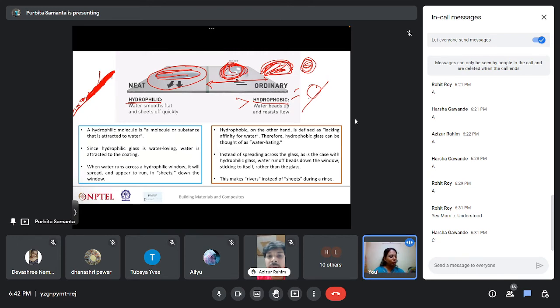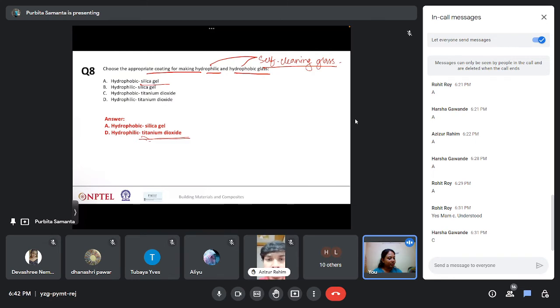When it rolls down, it takes the dirt and all those things with itself and cleans the glass. Instead of falling in sheets of water, it forms rivers like this. This is the basic difference when we wash hydrophobic and hydrophilic glasses.